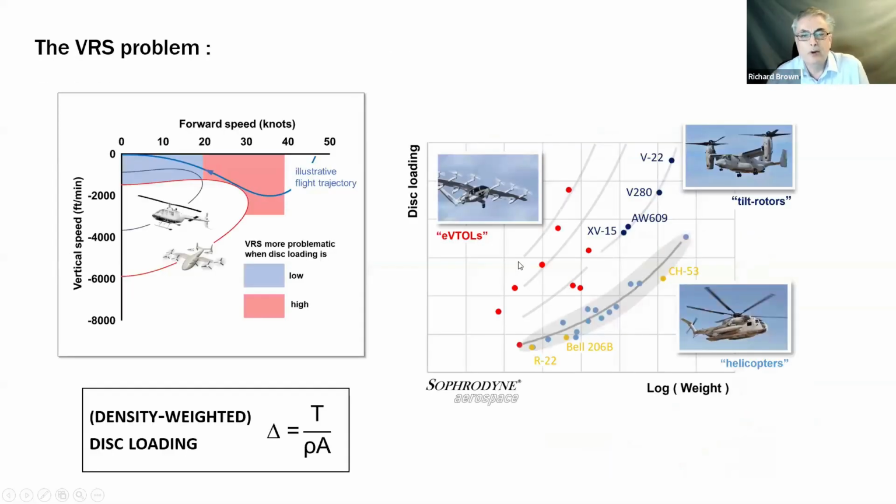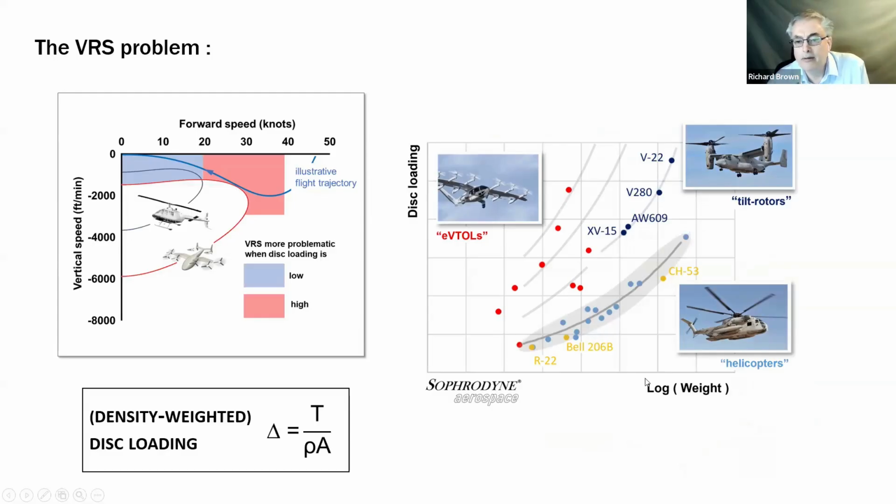Now, this is the vortex ring state problem in a nutshell. I've taken a set of helicopters, a set of tilt rotor vehicles and a set of eVTOL aircraft, and I've tried to compare them by plotting the log of their weight against their disk loading. The disk loading is simply the weight of the aircraft, or the thrust they're required to produce, divided by the density and the area of all the rotors taken together.